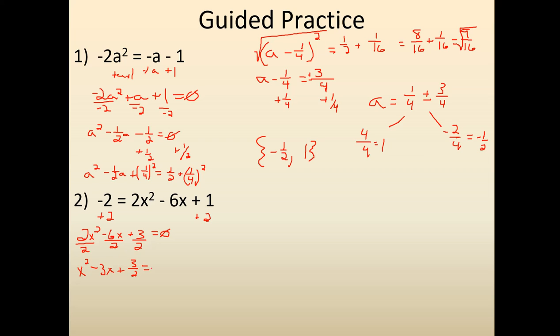So this was very close to not having to do any crazy fractions. All right, subtract the 3/2 over. You end up with x squared minus 3x equals negative 3/2. Going to take half of that middle term, which is 3/2, square it, and add it to both sides.